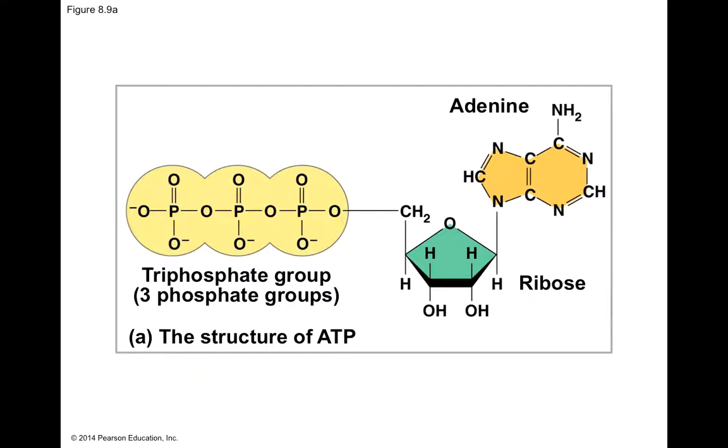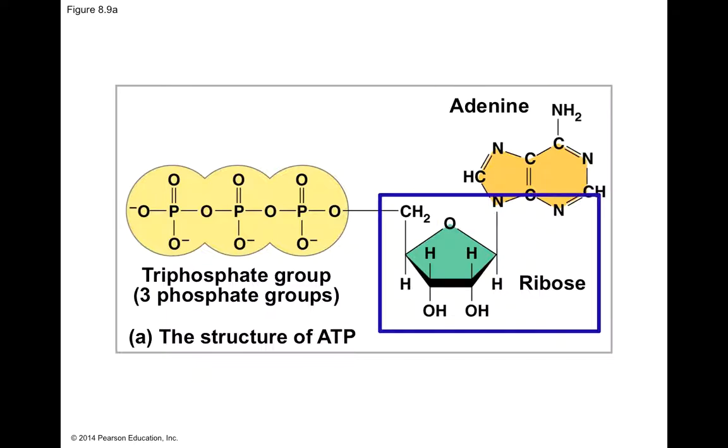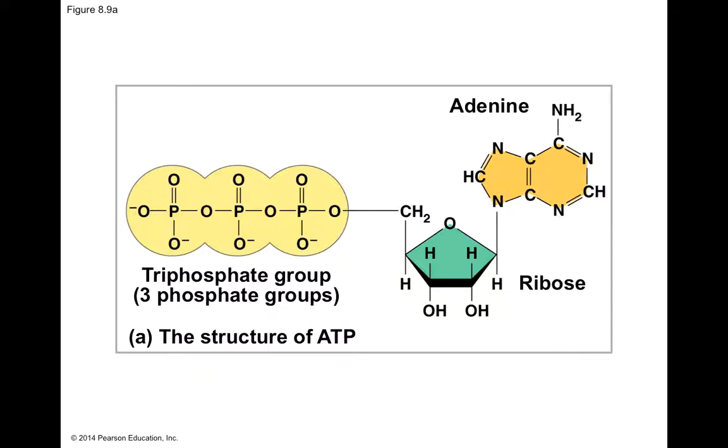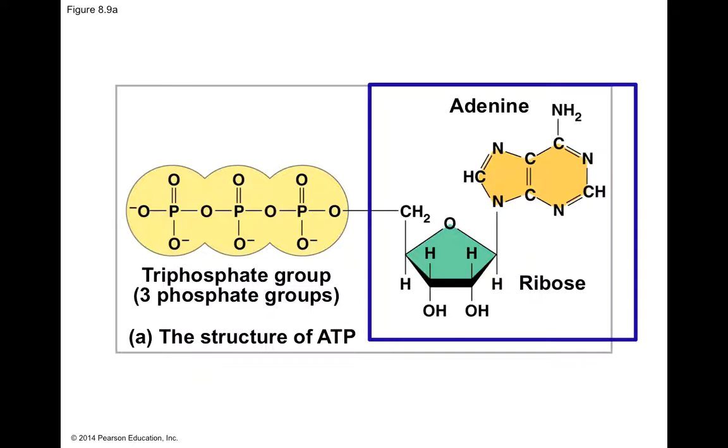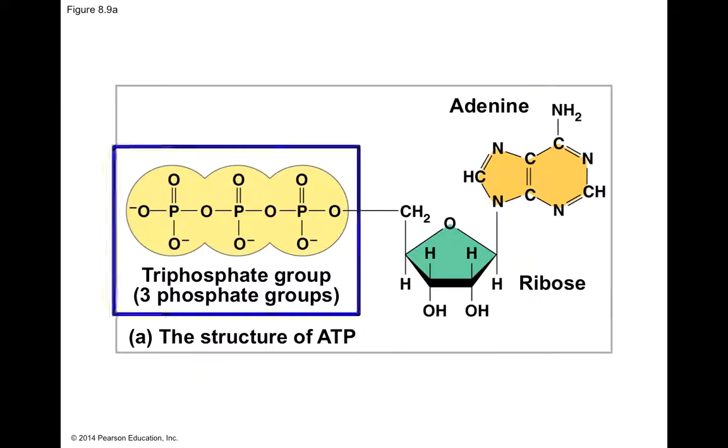And the primary molecule that's involved in energy coupling is adenosine triphosphate, otherwise known as ATP. To remind ourselves of the structure of ATP, we have adenine, which is a nitrogenous base, joined to a ribose molecule, which is a 5-carbon sugar. Together, these two make up the adenosine part of the molecule. Joined to the sugar are 3 phosphate groups, which gives it the triphosphate part of the name.